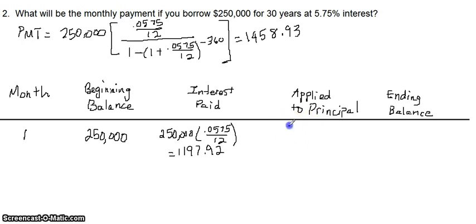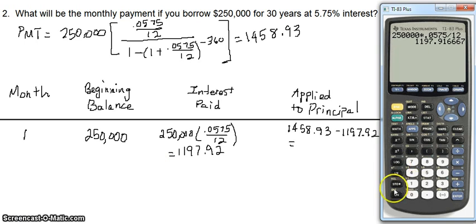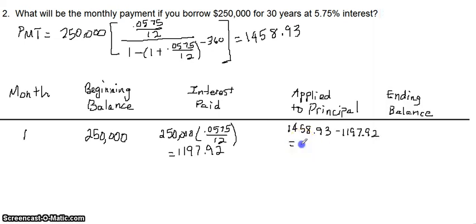So the rest of our $1458.93, subtract out the amount of interest that was paid, that's the amount that's going to get applied to principal. So $1458.93 minus $1197.92 is $261.01.